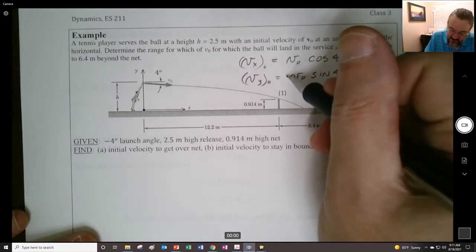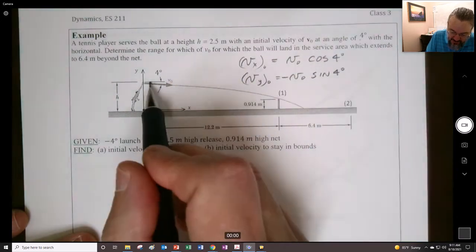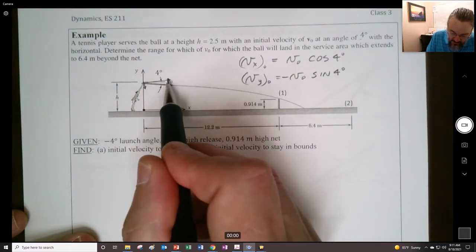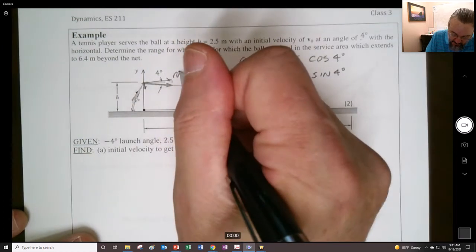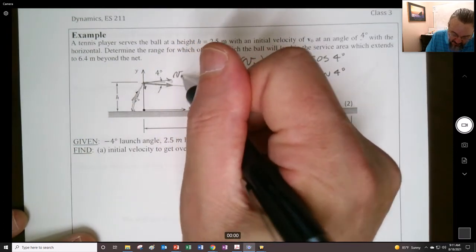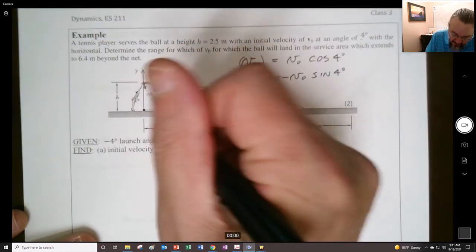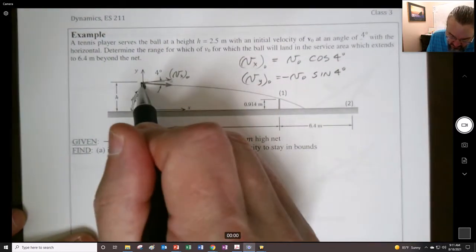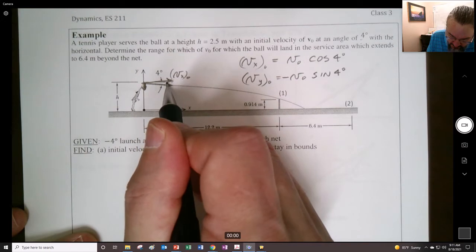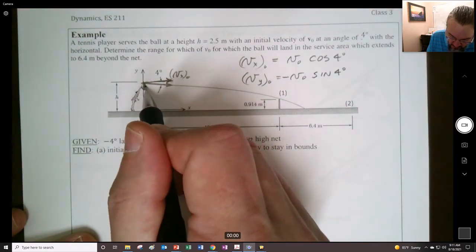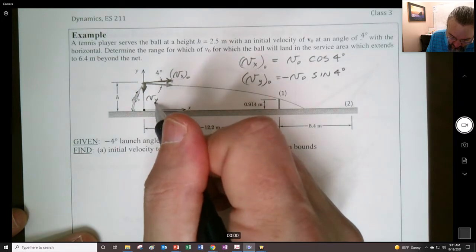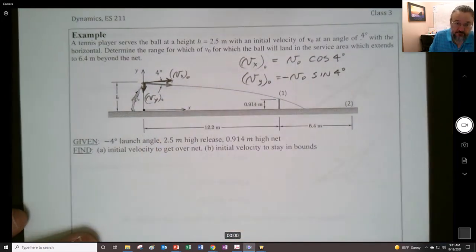And by the way, this one should be negative, right? Because he's going down. So here's the component there, and here's the component there. This would be v x naught, and this would be this little guy right there. Hard to see him. Didn't do a good job of drawing that in there. And there's v y naught.